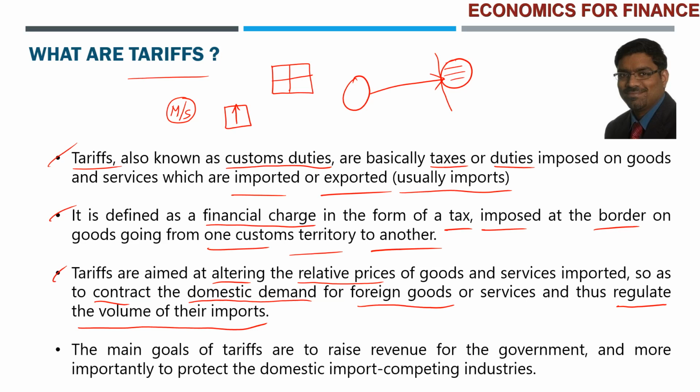In other words, if we don't have this tariff mechanism, any country can almost dominate another country with its cheaper products, and local manufacturers and local service providers may not stay in the competition. They might be kicked out of the market over a period of time.